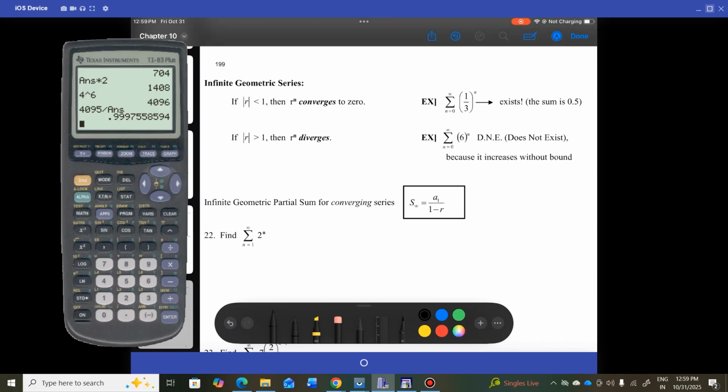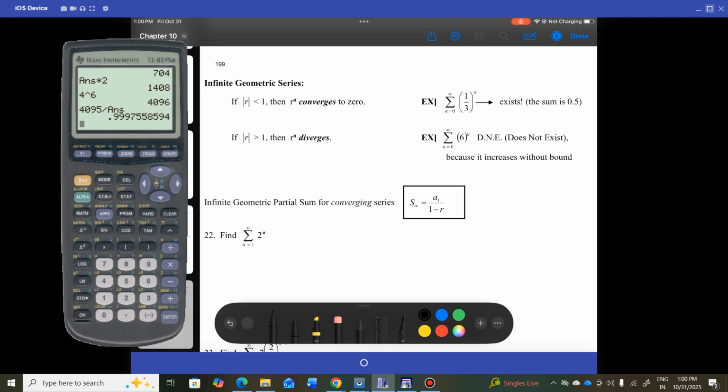Okay, so some things about geometric sequences and series. If the absolute value of r is less than 1, so a half, a fourth, something like that, then r to the n converges to 0. And if the absolute value of r is greater than 1, then r to the n diverges.